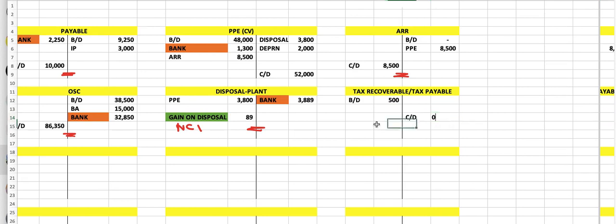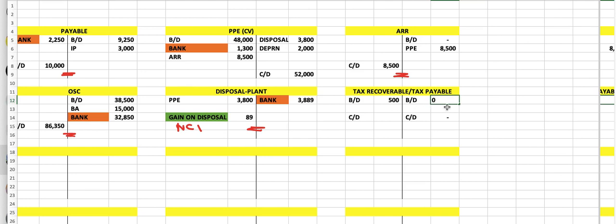Okay, settle. Now look at tax payable. Tax payable is liability, so BD is on the credit side, CD is on the opposite side. So BD for the tax payable is 9250 and the CD, kosong. Tak mungkin sebab dia dah ada di BD kat sini.